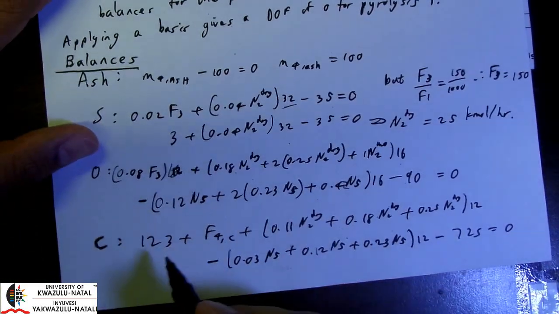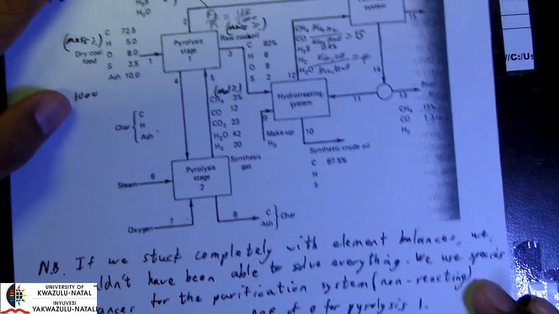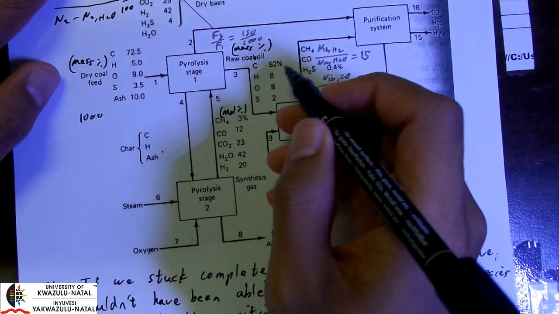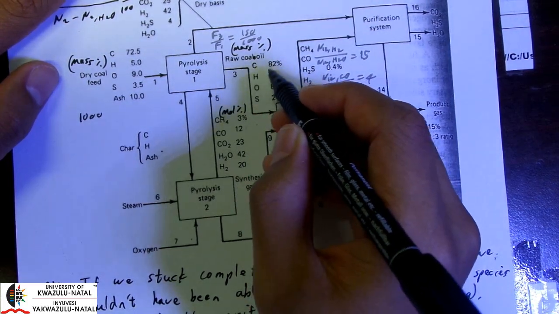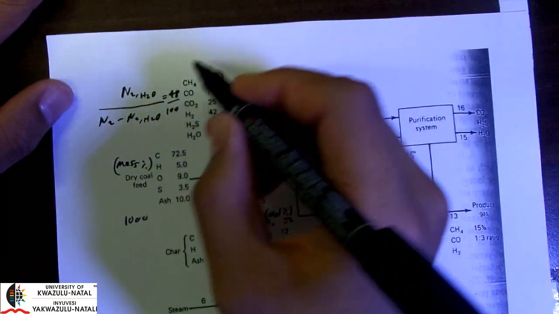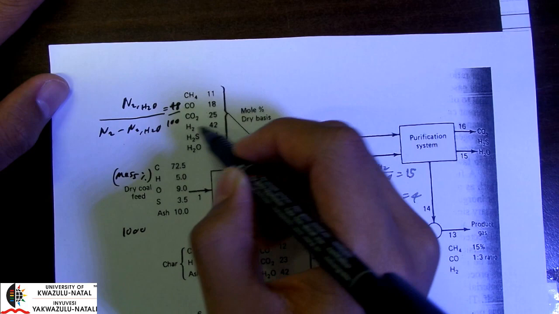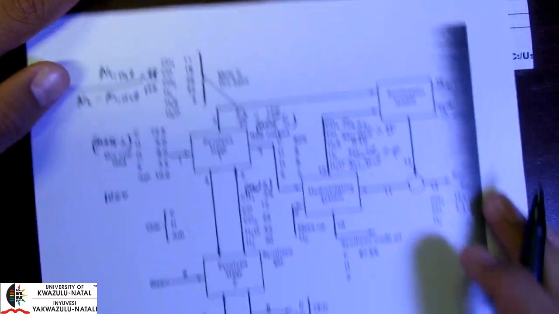Now let's look at our carbon balance. We have carbon all over the place here, so we have to be very thorough about this. So looking at our outputs, we have 82% of F3, and we have carbon in stream 2 in the following percentages of N2 dry.